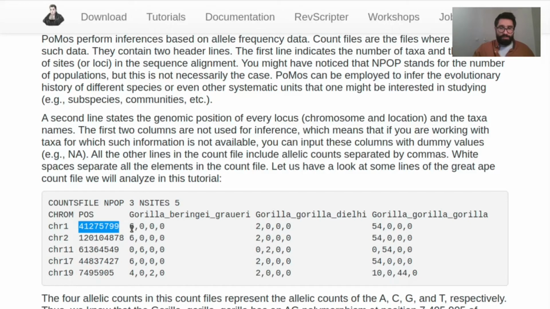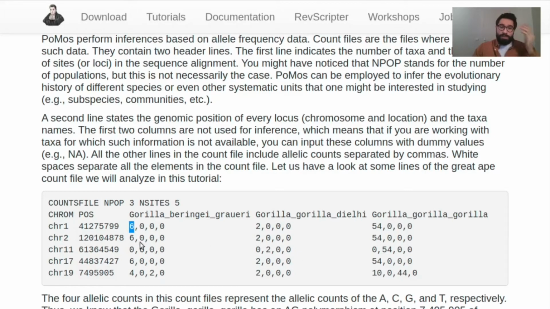For example, the count file is just this bit here, and we know that all the counts for the different alleles that we have in our population are separated by commas. So by just looking at this allele count, I can tell immediately that there are 4 alleles in my population and only one of them was observed, which was the first one. So which was this allele?